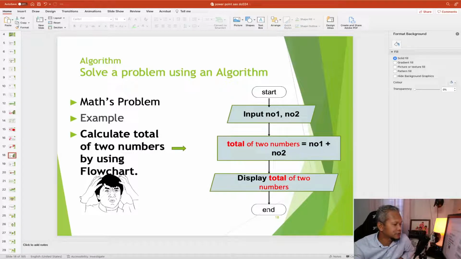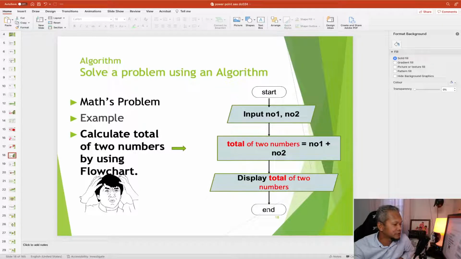So let me discuss the next one, to find the area of rectangle by using a pseudocode. Okay, first step to solve this problem, you need to know what is the IPO. IPO is the first step to identify what is the input, process, and then output.